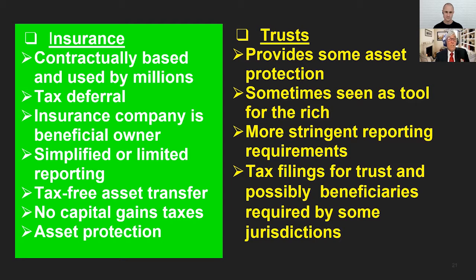In comparison, insurance is contractually based and used by millions. It has tax deferral. The insurance company becomes the beneficial owner. There's simplified or limited reporting, tax-free asset transfer at death, no capital gains tax, and asset protection.